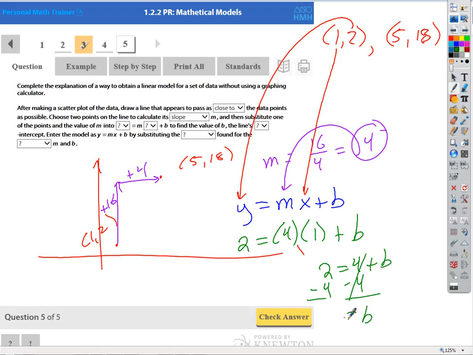So I get b equals -2. Now I know what b is, and I know m is 4. So now I can go back to y equals mx plus b and rewrite that as y equals 4x minus 2, right? Got it? Okay, I think we're good.